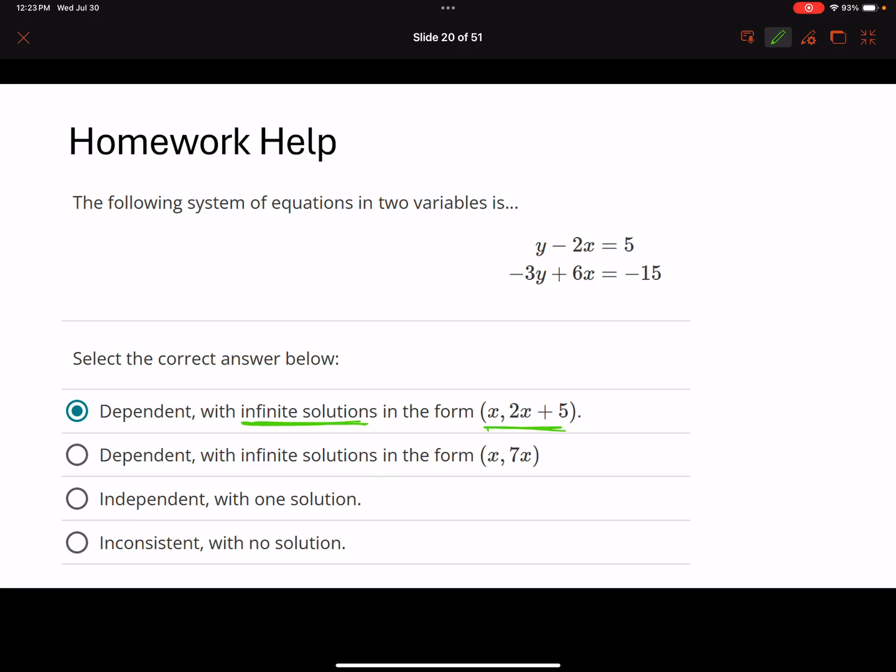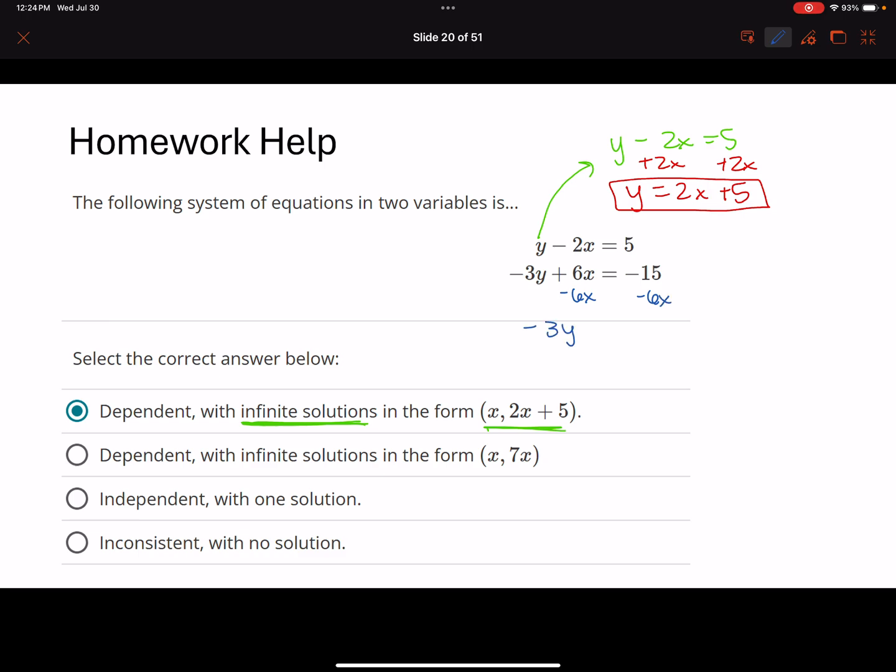This doesn't make sense, so let me show you why. If I change this to slope-intercept form, because it's not right now, right now it's y minus 2x equals 5. If I move 2x over, it's now y equals 2x plus 5. If I change the second equation, I'm going to subtract 6x.